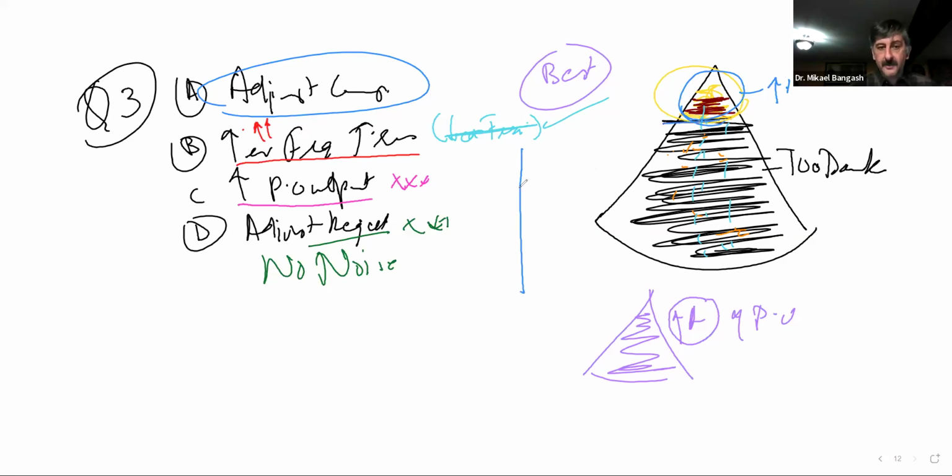But from this point and beyond, the sound wave already started to attenuate to a degree that they needed to get compensated. And that's why they say just adjust your compensation. Adjust is a broad word. It could mean either increase or decrease.